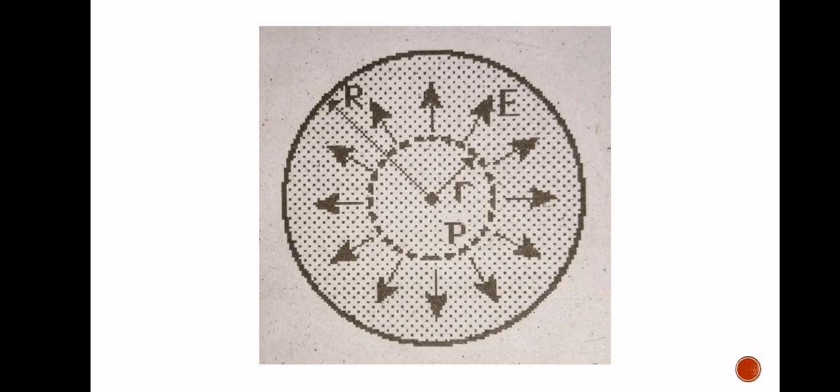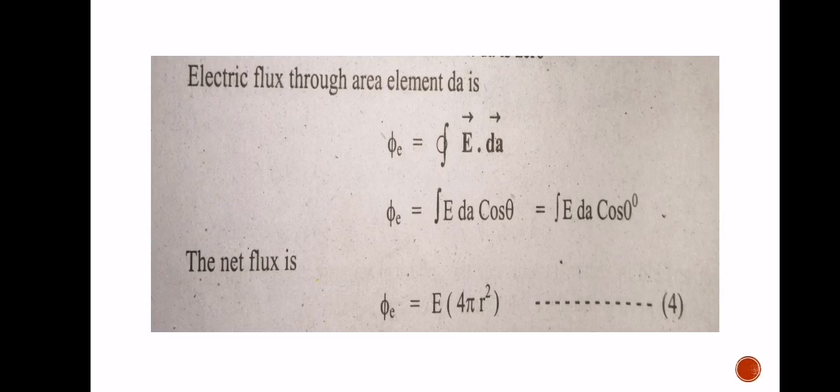The point P lies on the Gaussian surface that is located inside the sphere. Now let us consider a small area element dA of the Gaussian sphere. The angle between the electric field and normal to the area element is 0, as the electric field and area vector are directed in the same direction.